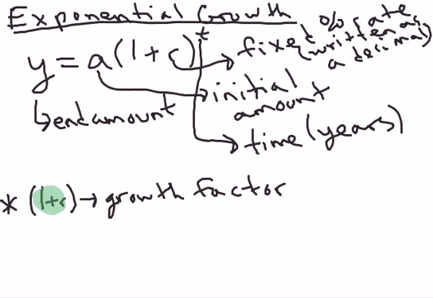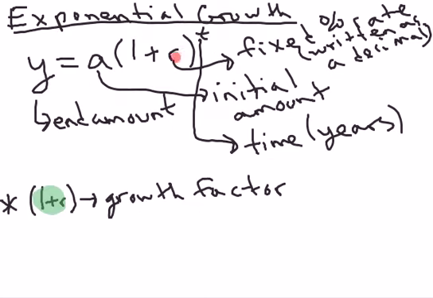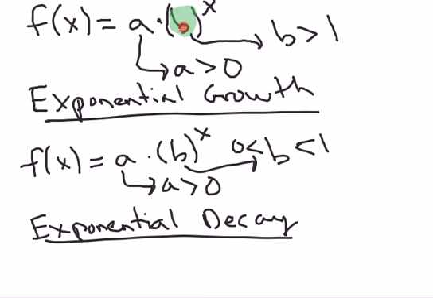So they're just using different letters. 1 plus r you can think of as your base, your b value. And this makes sense because if b is greater than 1, okay, we have exponential growth. But if r is a decimal, and I add 1 to it, then I obviously have something that is bigger than 1 because I'm doing 1 plus something, so it has to be greater than 1, which makes b greater than 1, so that would lead to exponential growth, okay?